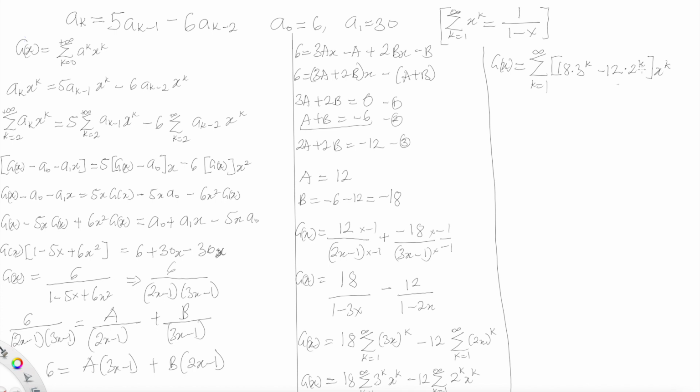The reason why we did it like this is to make it look exactly like our generating function which we started with. So our main goal is to solve for a k.